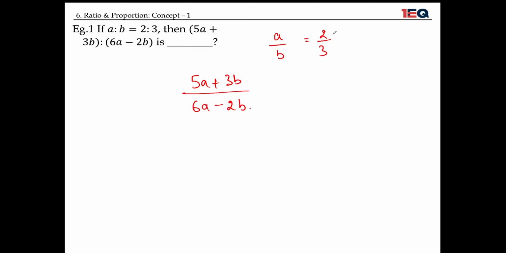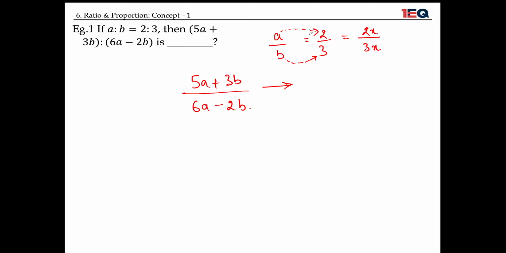In such a question, people will again advise you to write the absolute values as 2x and 3x. In the end, the x would get cancelled, but I don't really think it will be helpful to you in the long run. What you should do is you should assume that the absolute value of A is equal to 2, and you should assume that the absolute value of B is equal to 3.